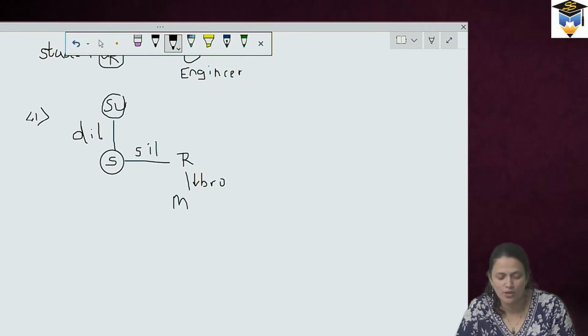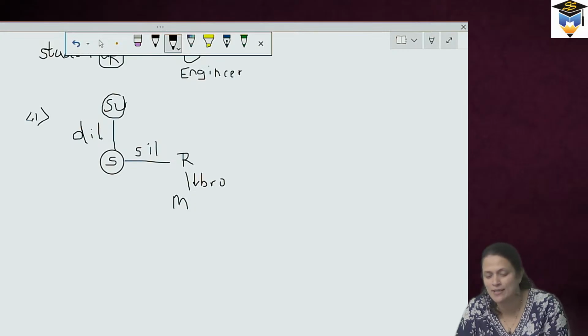So what is the relation between Seema and Mohan? Seema is sister-in-law to Ramesh, who has a brother called Mohan. So she will be Mohan's sister-in-law.